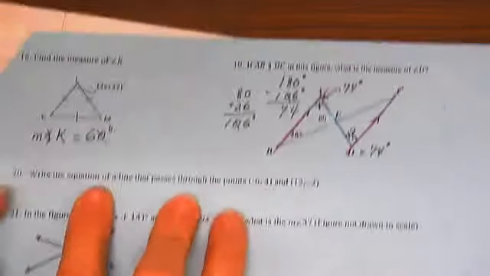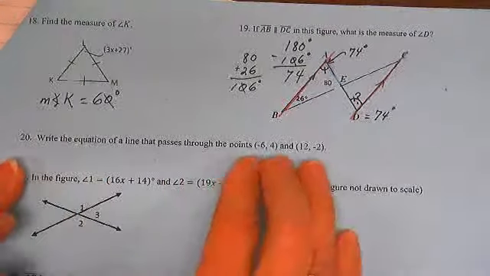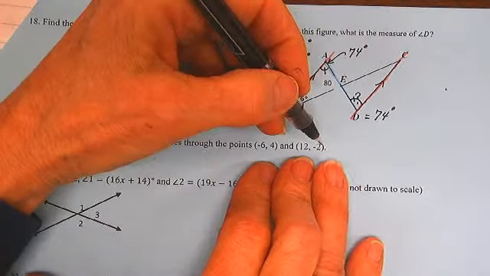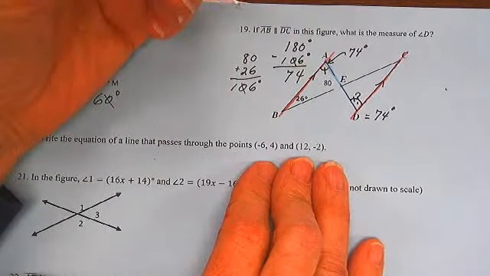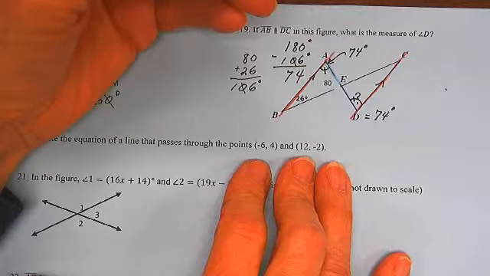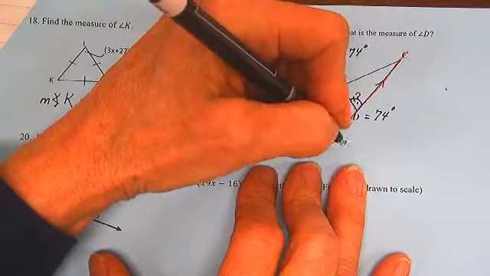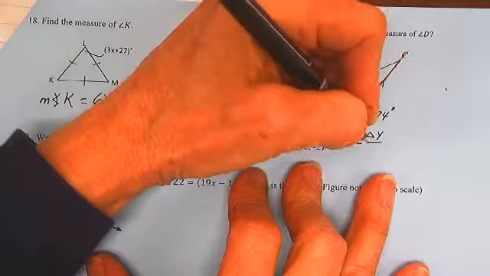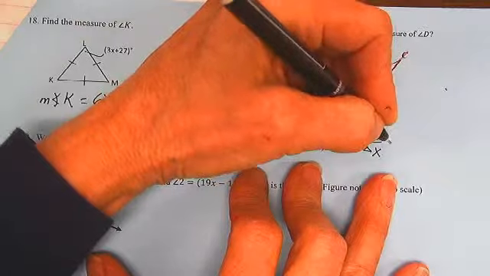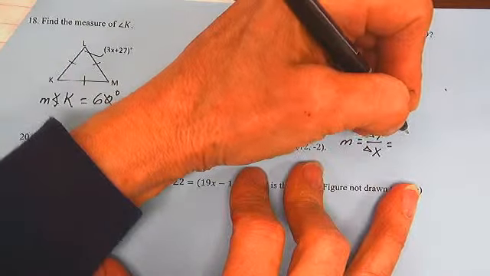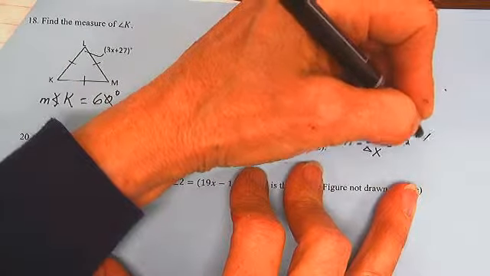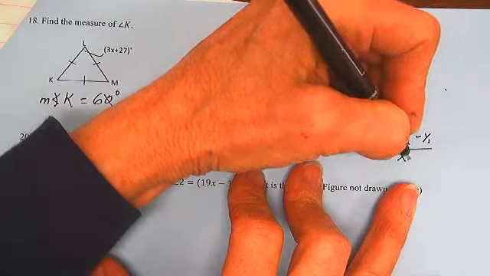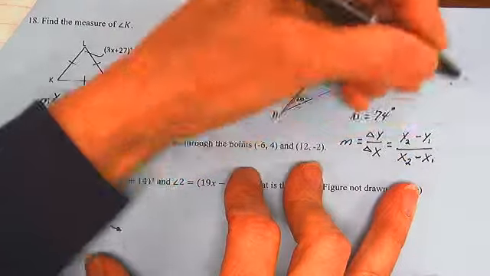Write the equation of a line that passes through the points (-6, 4) and (12, -2). What do we need? We need two things. We need a point and a slope. We know the slope is equal to change in y over change in x, and that means it's y2 minus y1 over x2 minus x1.